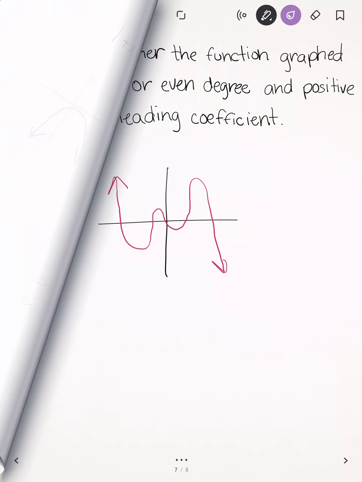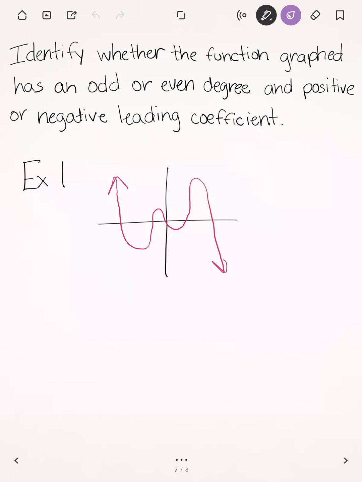Okay, now on this next one, we're given the graph and we want to identify whether the function graph is an odd or even degree, and if it's a positive or negative leading coefficient. So let's talk about degrees. Remember, even degrees go in the same direction, odd degrees go in 2 different directions.